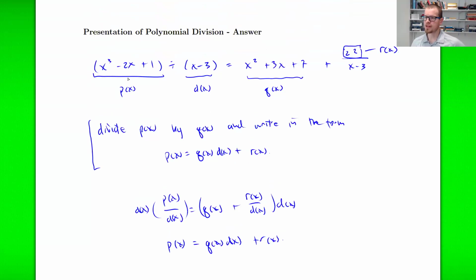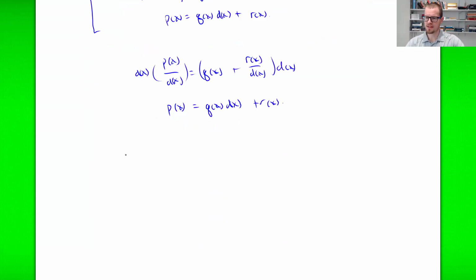So in the specific example that we gave here, we could say that x cubed minus 2x plus 1 can be written as x squared plus 3x plus 7 multiplied by x minus 3 plus 22.